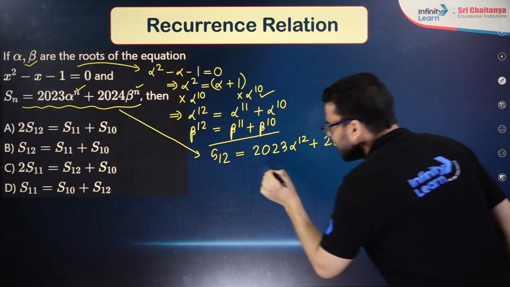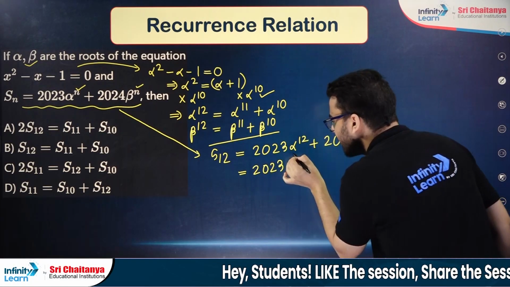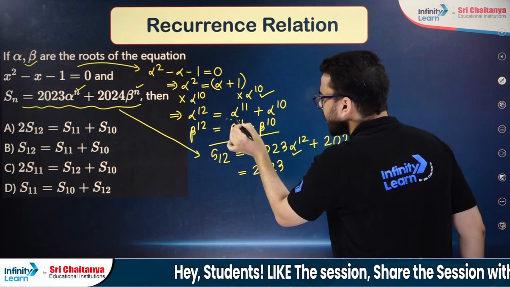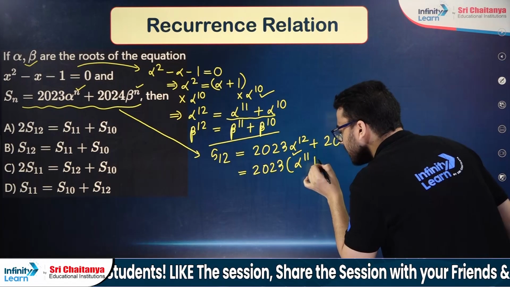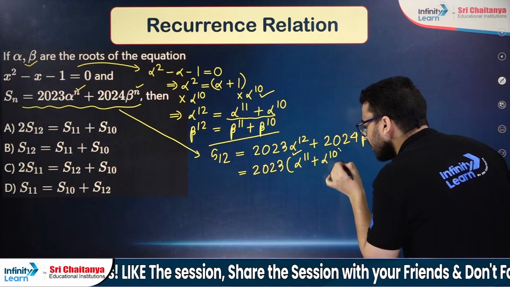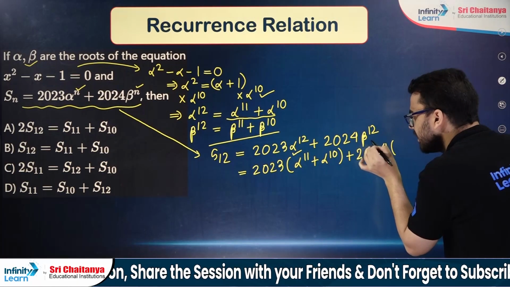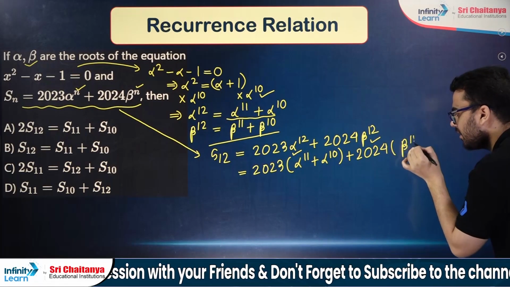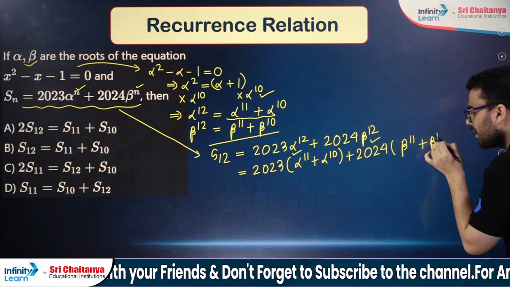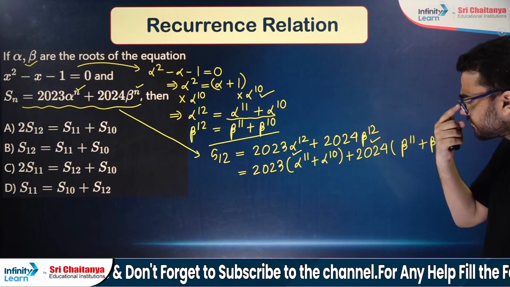Now let's first simplify this. In place of alpha raised to the power 12, can't we put this thing? So that is 2023 times alpha raised to the power 11 plus alpha raised to the power 10, plus 2024 times, in place of beta raised to the power 12, I can put beta raised to the power 11 plus beta raised to the power 10. Now you can just open up the bracket and simplify.